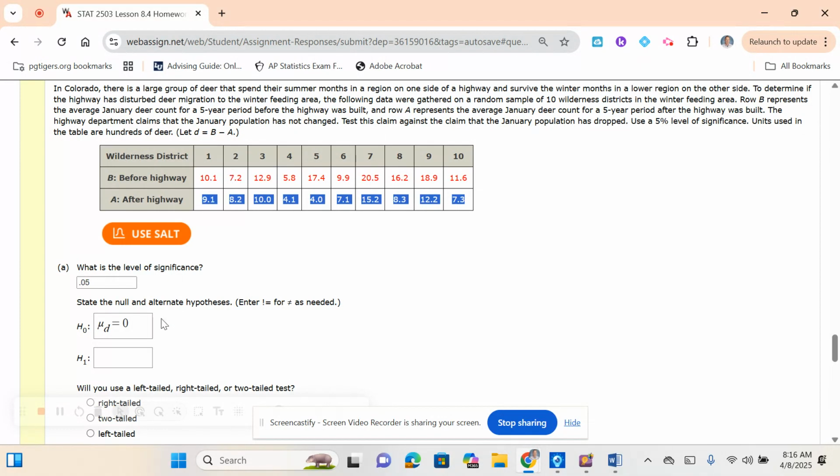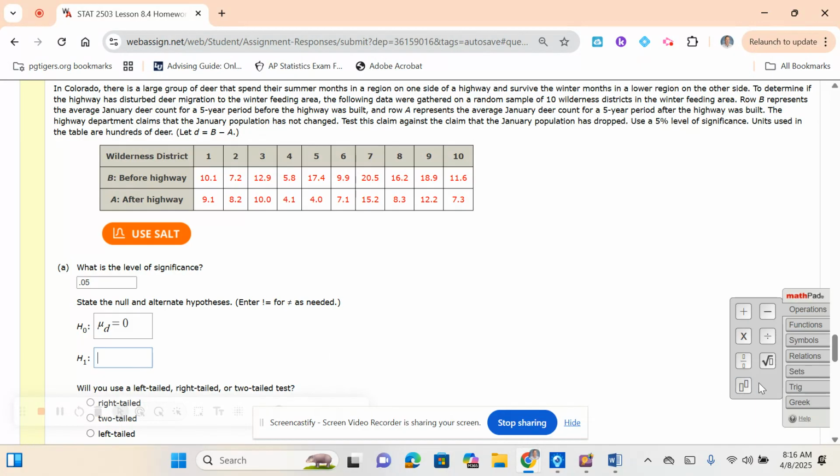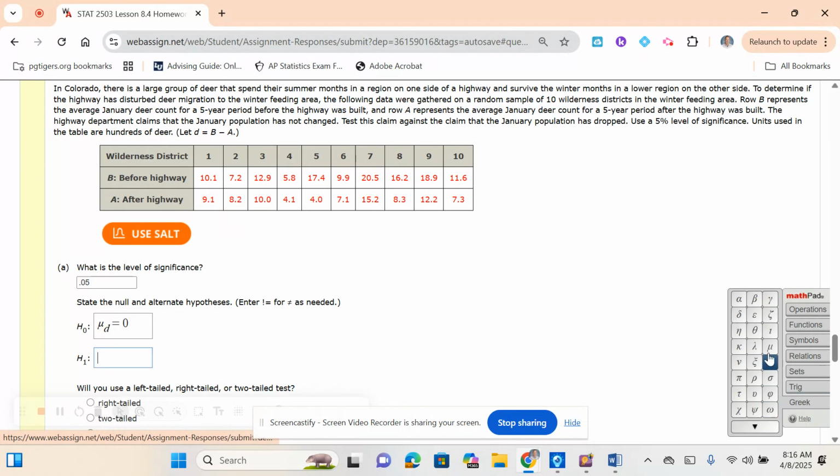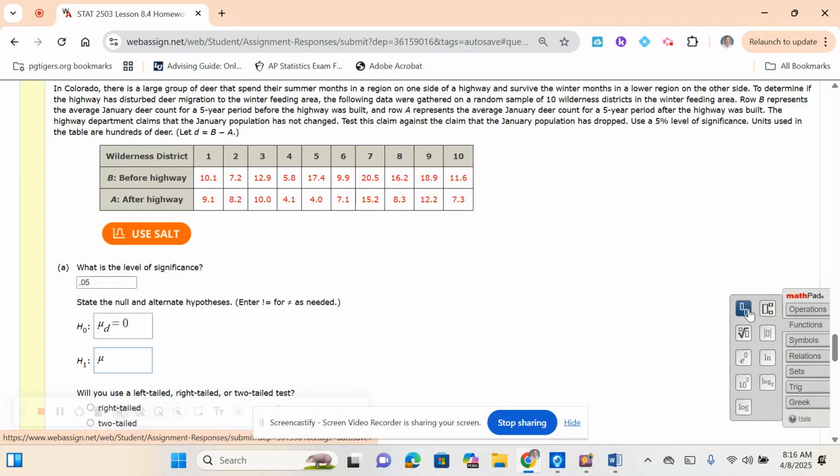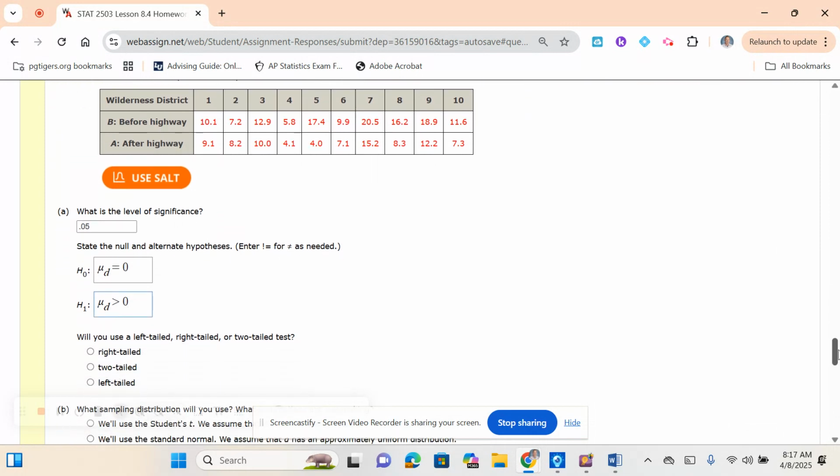Bigger minus smaller should give me bigger, so this will be greater than 0. So I'm going to do mu, functions sub, and then greater than 0, because I'm trying to prove that the after is less. Before minus after, I'm trying to prove that difference is positive.